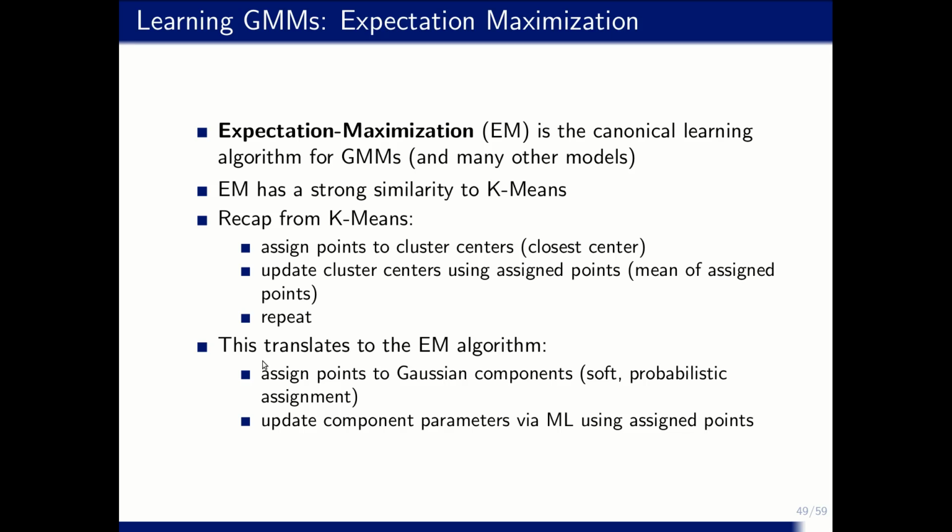We won't do a hard assignment, but essentially each component could have generated a data point, and we will respect this and do a soft assignment of data points to Gaussian components, and then update the components via maximum likelihood using the assigned points. So a very similar pattern as in k-means, and we will see this more clearly in a minute.